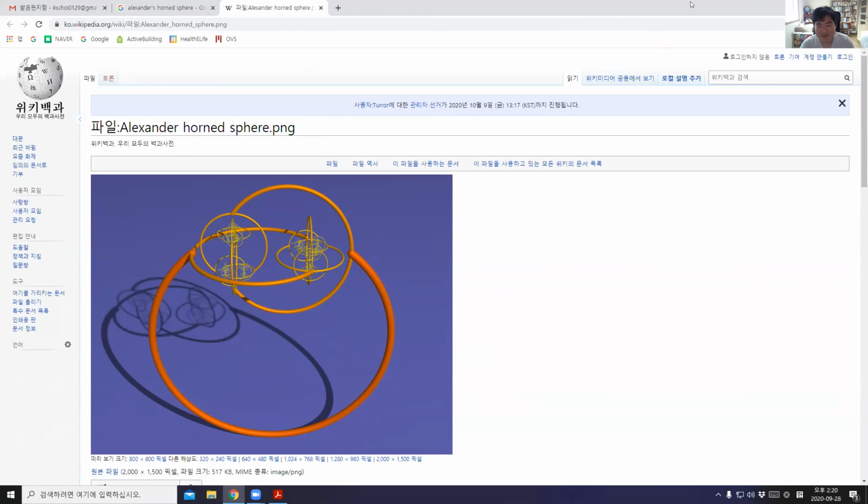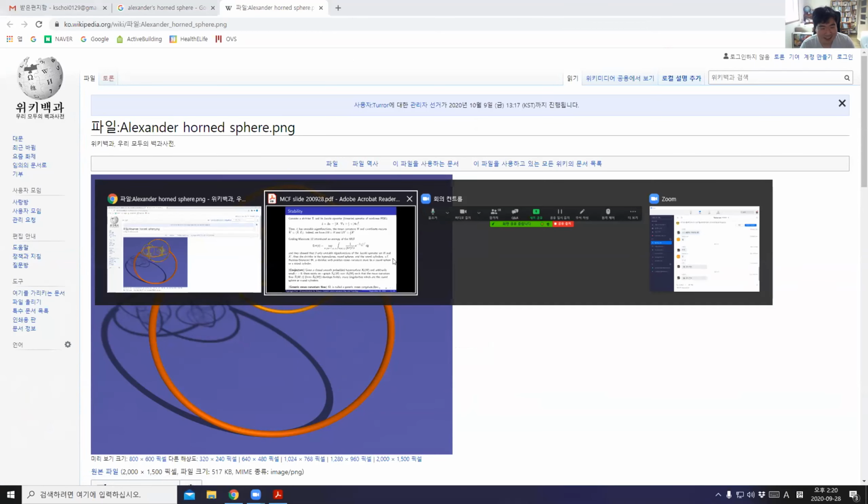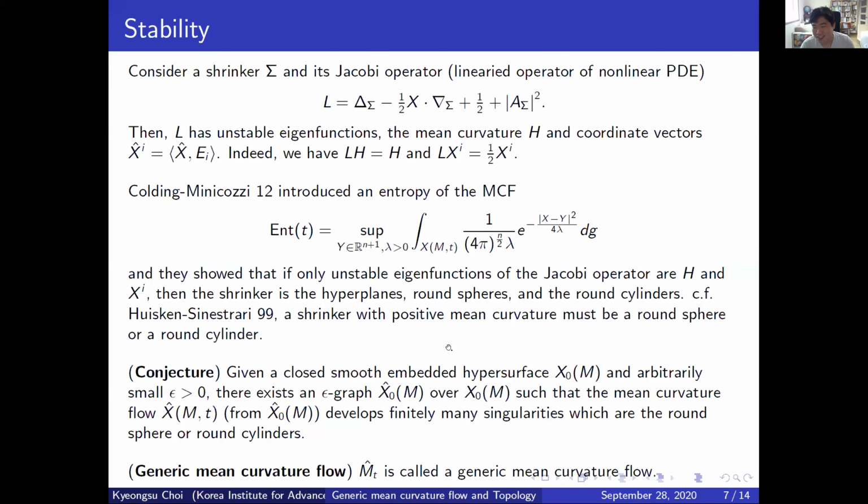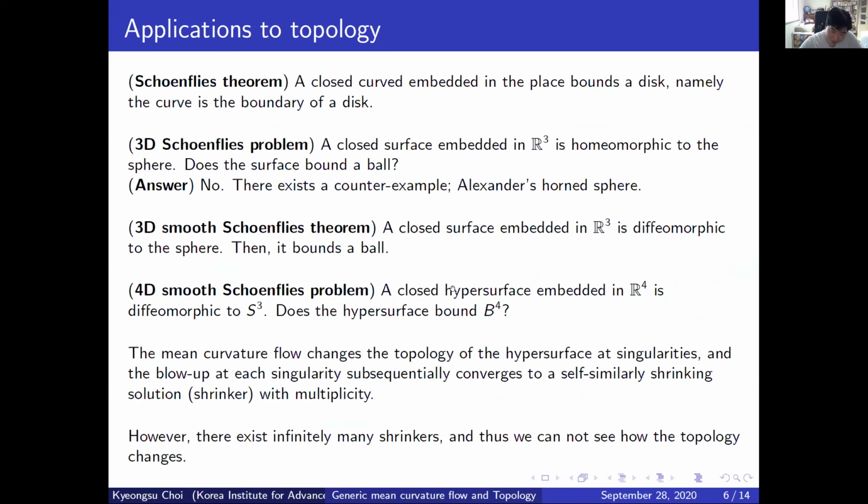So it is an interesting counterexample, even though I don't understand why. But fortunately, if the surface is smooth, I mean, diffeomorphic to S2, then it is the boundary of a 3-ball. Okay, it sounds natural.